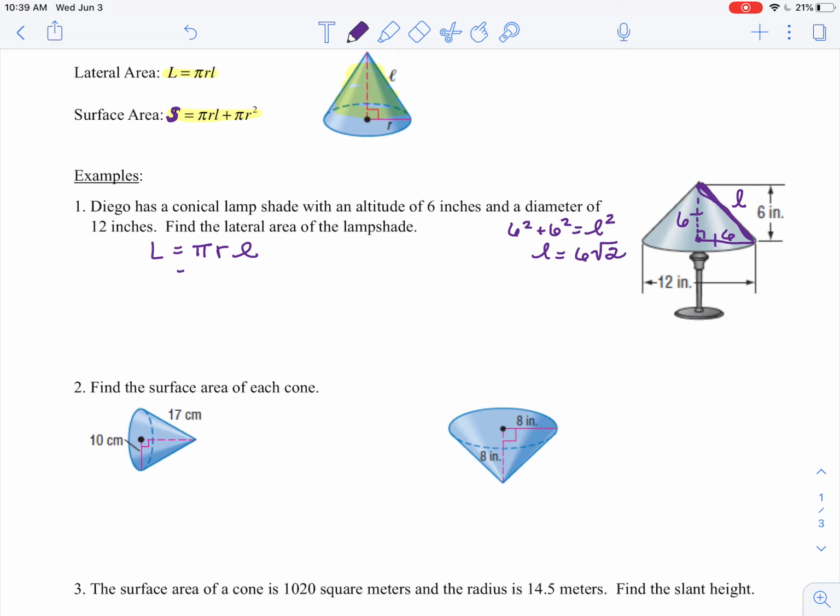If we plug in our numbers into our formula for lateral area, we have pi times the radius of 6 times the slant height, 6 root 2, and that gives us a lateral area of about 159.9 square inches.